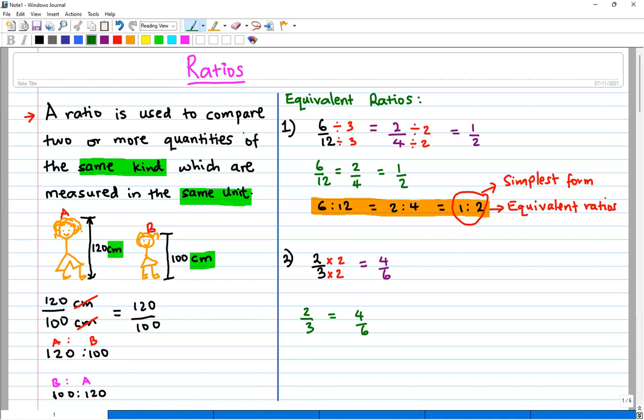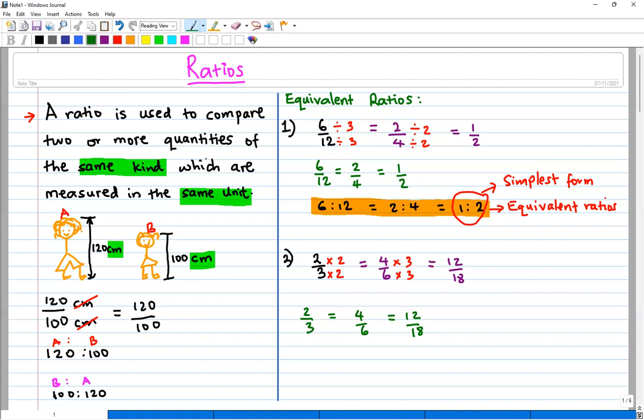You see? And if we need to get another equivalent fraction, we can go ahead and multiply, let's say, by 3. So this will give us 4 times 3, that is 12, and 6 times 3, that is 18. So again, we say that this is equal to 12 out of 18. So you can continue and get many other equivalent fractions.